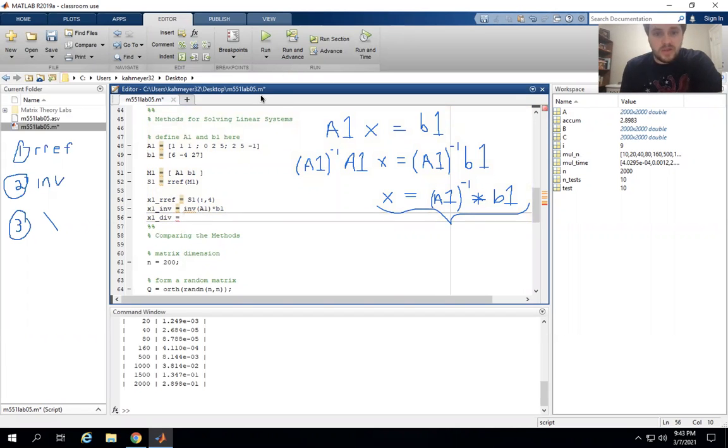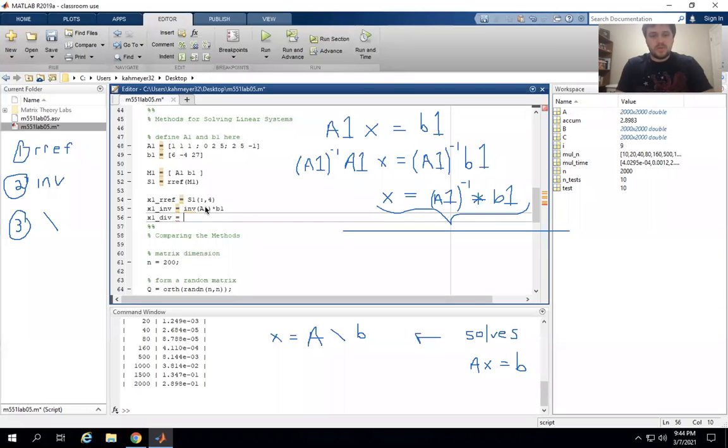I said this in the first video, but if you write x equals A backslash B, this solves the system AX equals B. Okay.